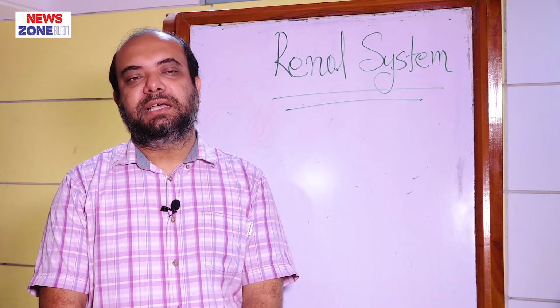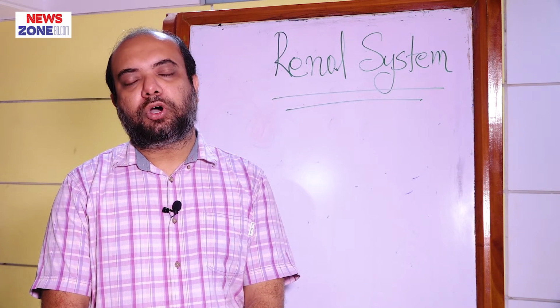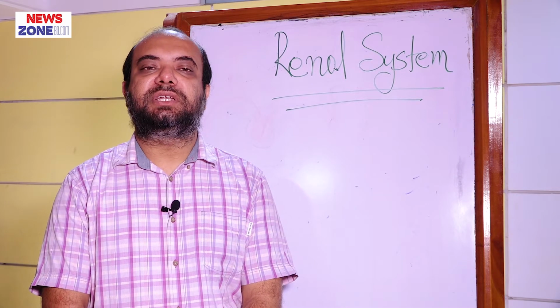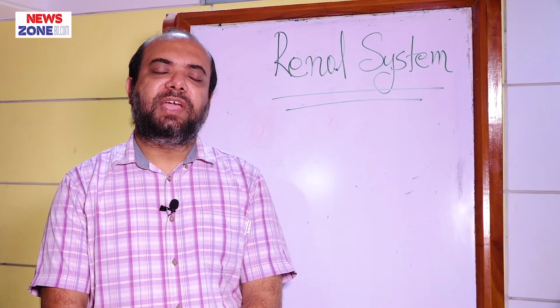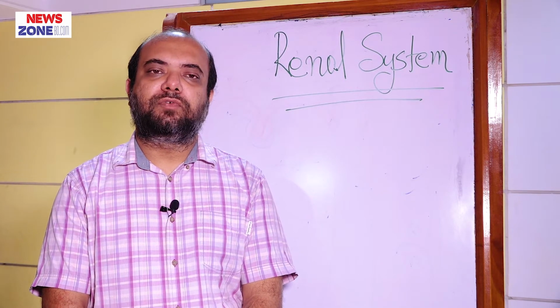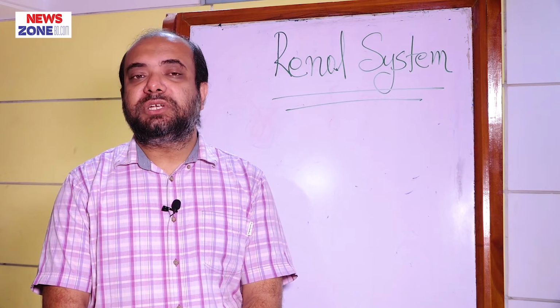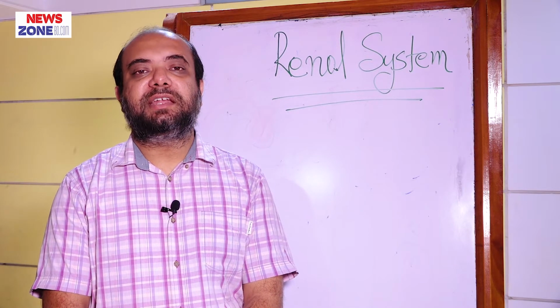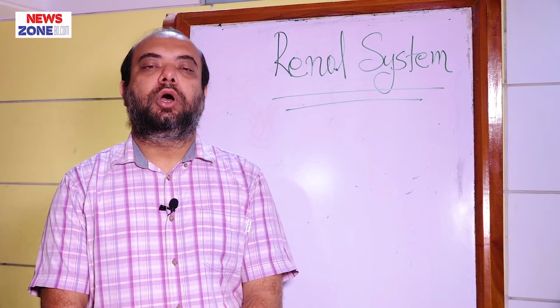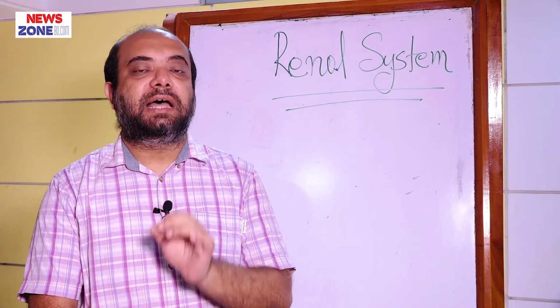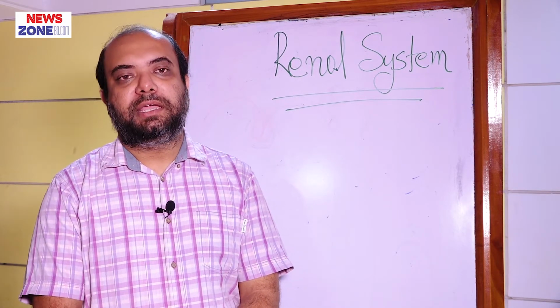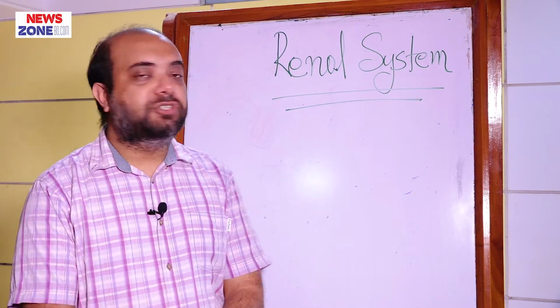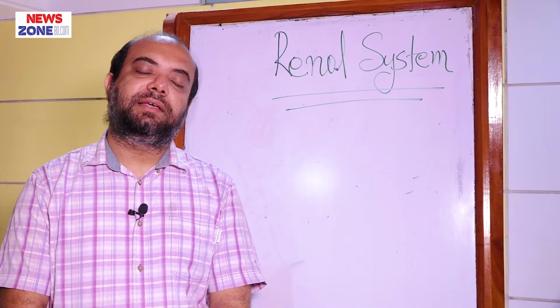Macula densa cells, the densely or tightly packed cells, are situated in the proximal part or very early portion of the distal convoluted tubule, which is situated in between the afferent and efferent arteriole. We will learn the exact position in a diagram which I will draw a few moments later.